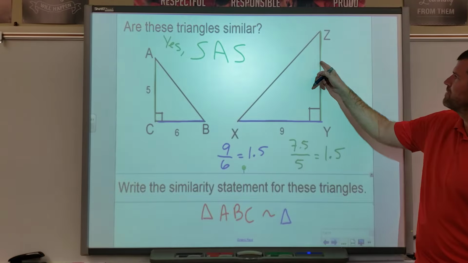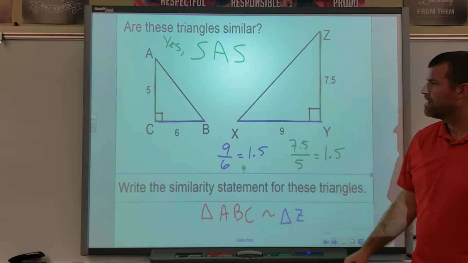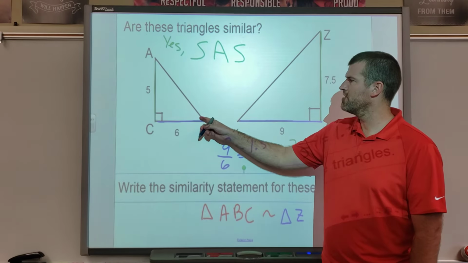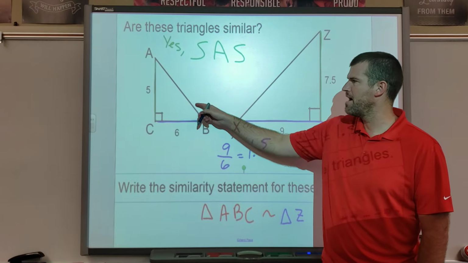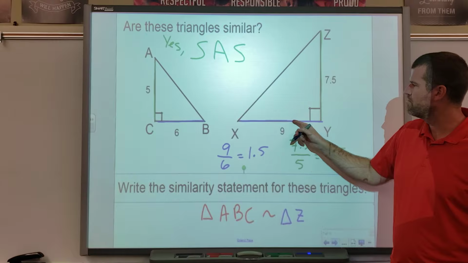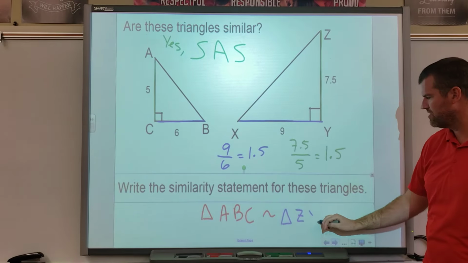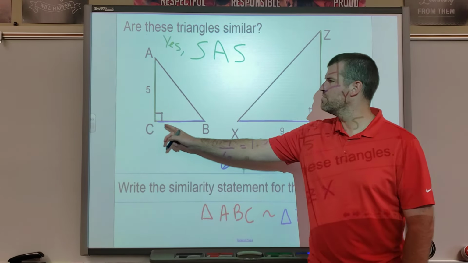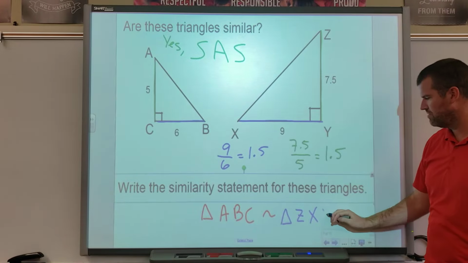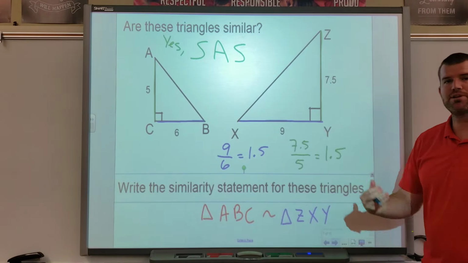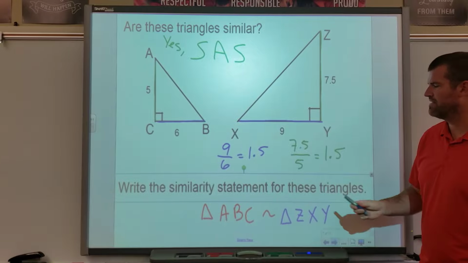So over here, the vertical piece and the hypotenuse come together at Z. Angle B is my other acute angle that's not the right angle, where my blue side and my hypotenuse came together. So blue side and hypotenuse came together at X. So X should go next. And then C was my right angle, which corresponds with this right angle, which was angle Y. So we want to make sure we match up the angles that are congruent in the same spots.